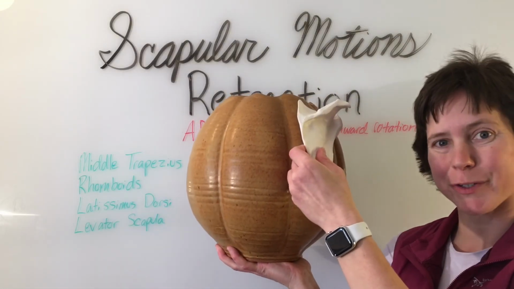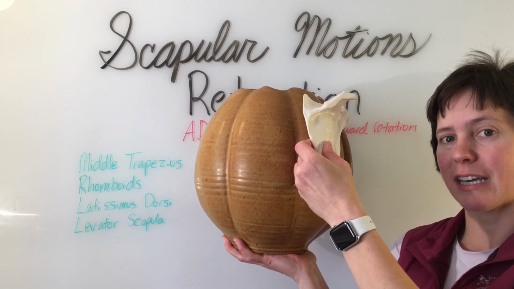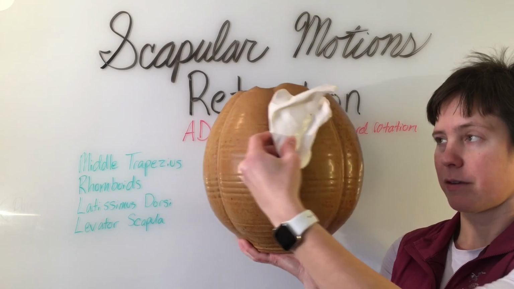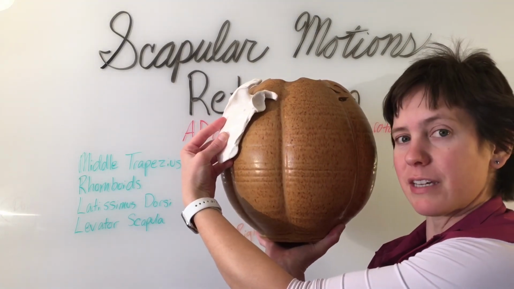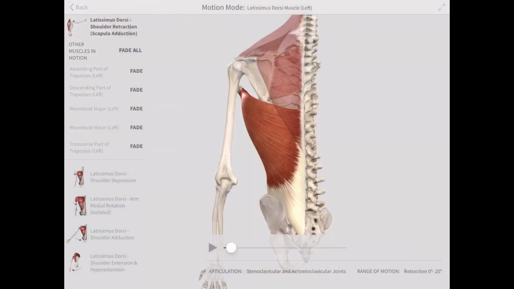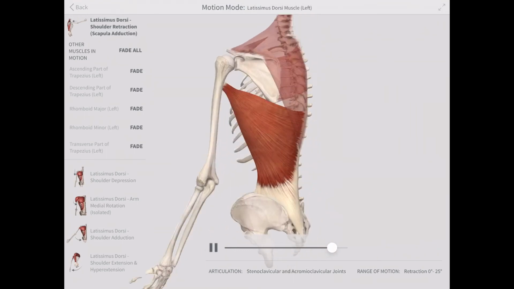On our pumpkin model, retraction involves adduction and medial or downward rotation. From a side view, it will be adduction and medial or downward rotation. For another visual of retraction, here is a model from the Complete Anatomy app.